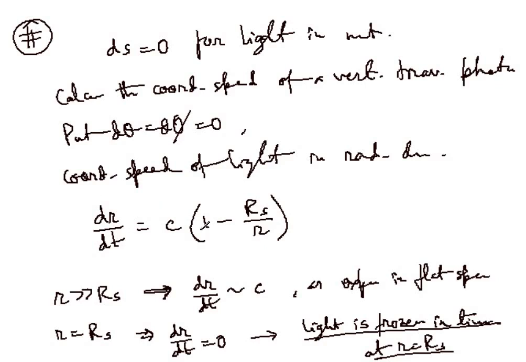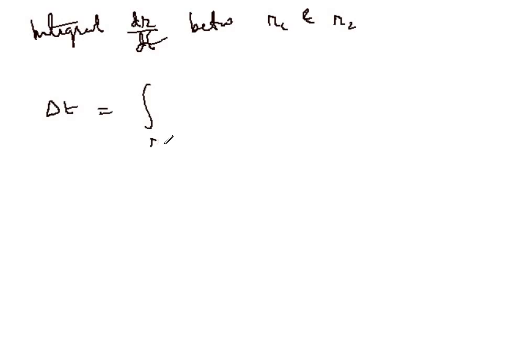Let us use this expression, the expression for the coordinate speed of light. Let us try to integrate this in the radial direction between, say, two arbitrary values r1 and r2. So integrating dr/dt between r1 and r2, what we get is basically delta t equal to the integral from r1 to r2 of dr divided by dr/dt.